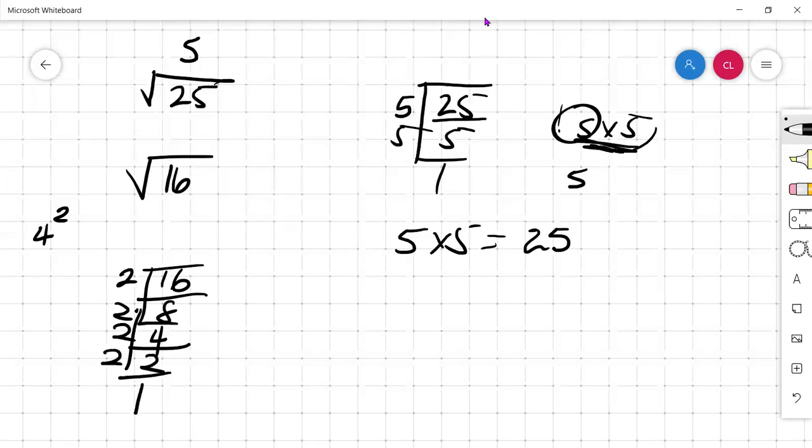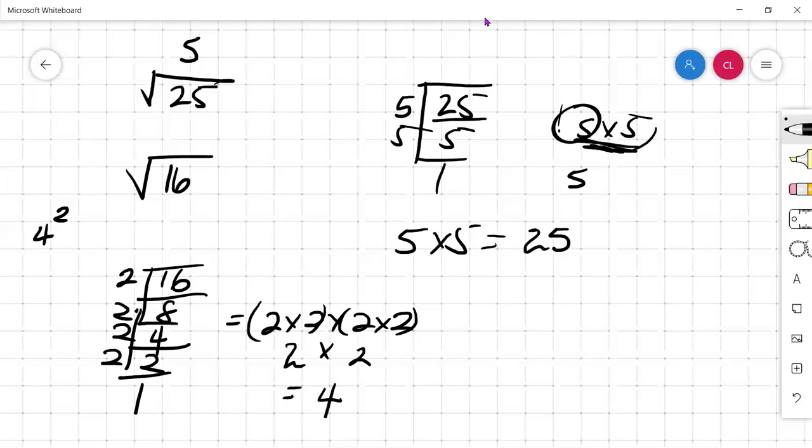So the prime factors of 16 would be 2 times 2 times 2 times 2. And we're going to pair off these, and from each pair we only take 1, 2 and 2. So 2 2s would give us 4. So the square root of 16 is 4. And if you really want to show it, then you say 4 4s, and that would give you the 16.